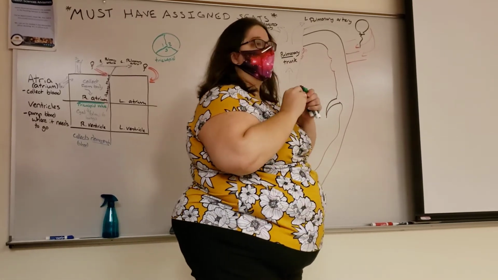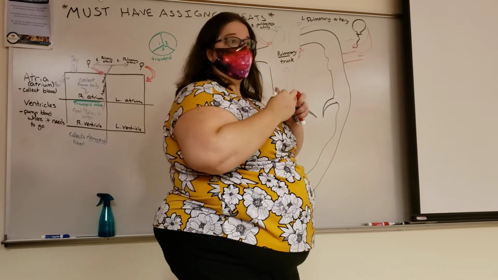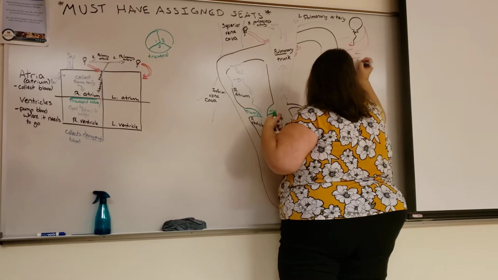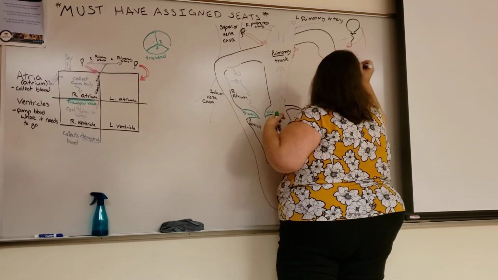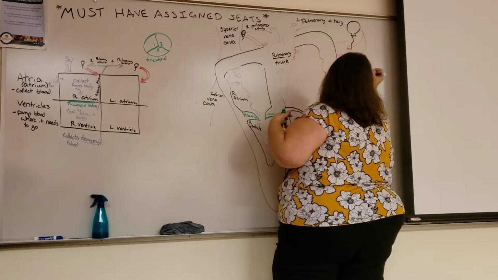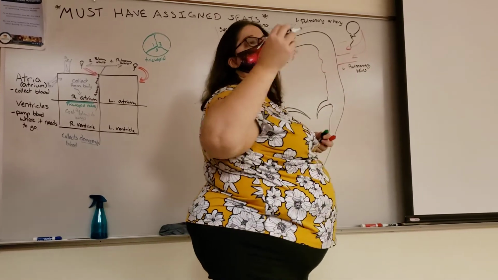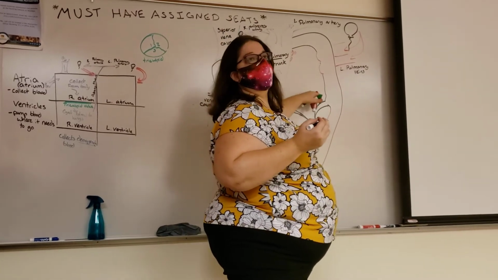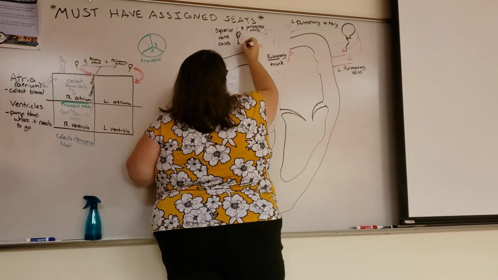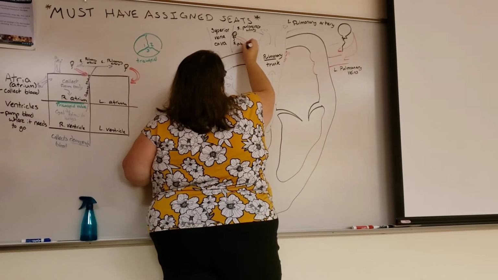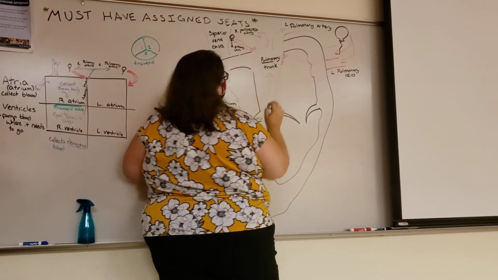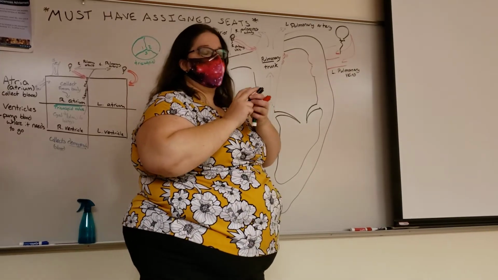Those are your pulmonary veins. So you have left pulmonary veins, which bring blood from the left lung back to your left atrium. And you have right pulmonary veins. That bring blood from your right lung back to the left atrium.